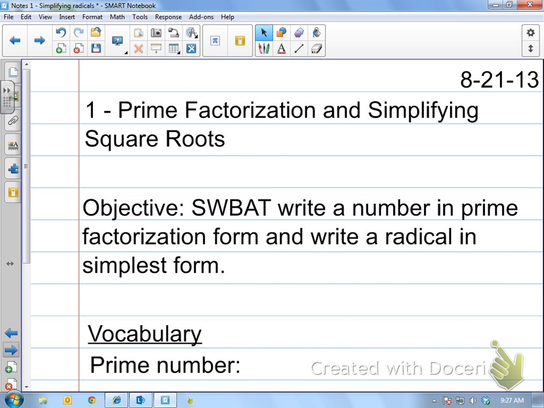Prime factorization you've probably seen before, and if you can do your division and multiplication, it can be a pretty easy process. Writing a radical in simplest form, you may have also seen before, but with both of these, we're going to try and take them to a more complicated level than you have seen before.